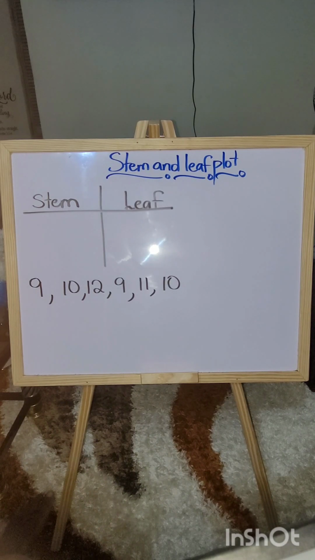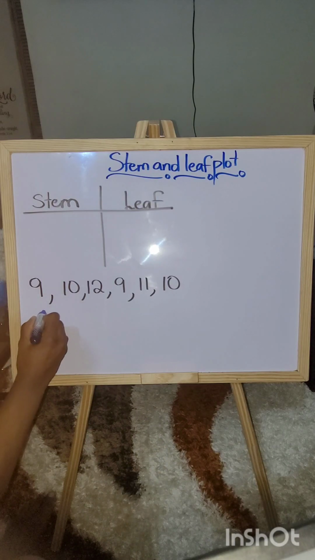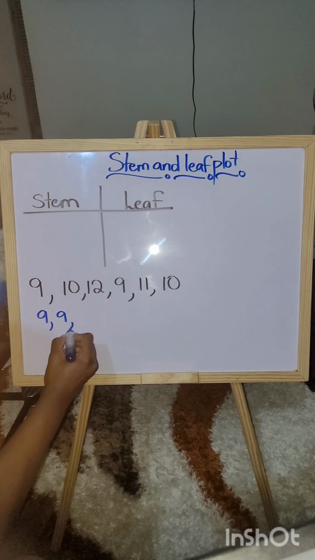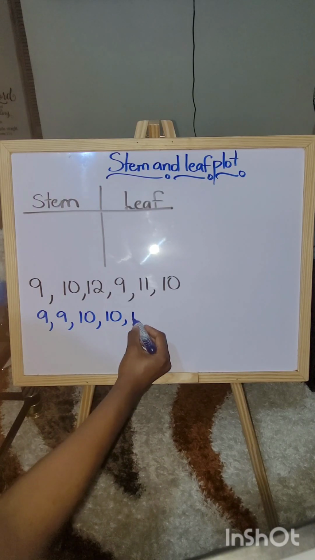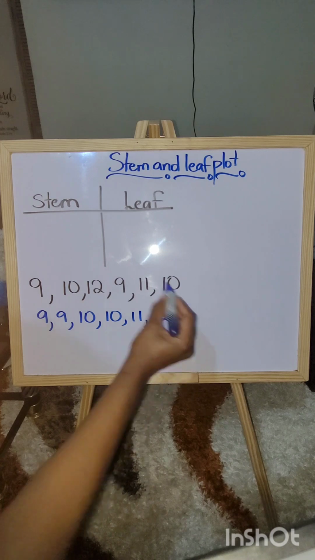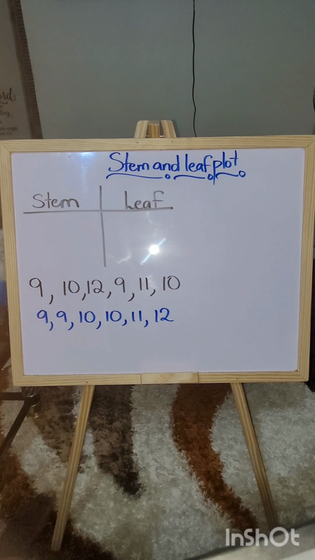In order for you to plot those, the first thing that you have to do is to find the smallest number first, all the way to the largest. So you're basically putting it in counting order. We know that 9 comes first when you're counting, and you want to list all the numbers that are there. You don't want to leave any number behind. So the first thing you're doing is putting your numbers in order from smallest to largest before you can plot your stem and leaf graph.